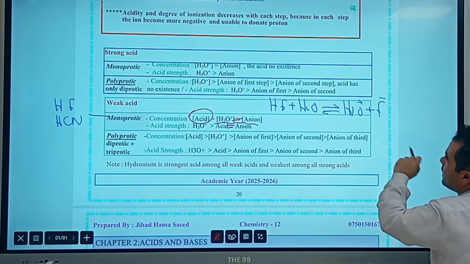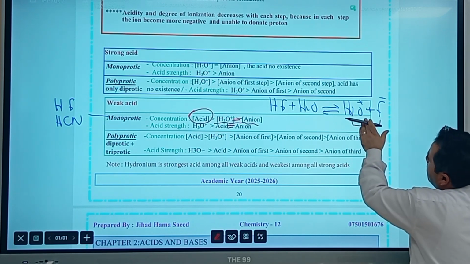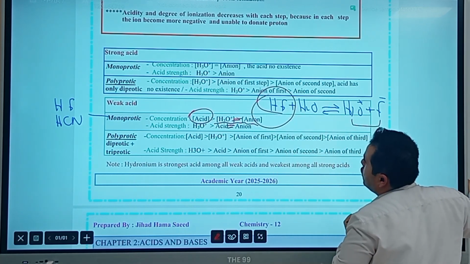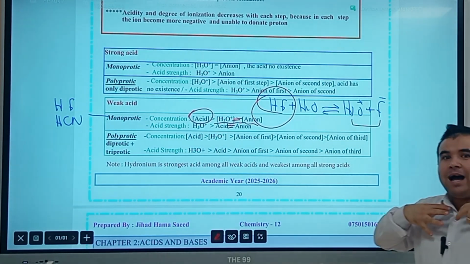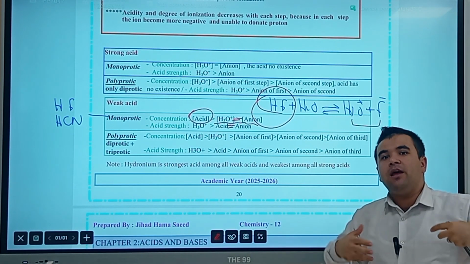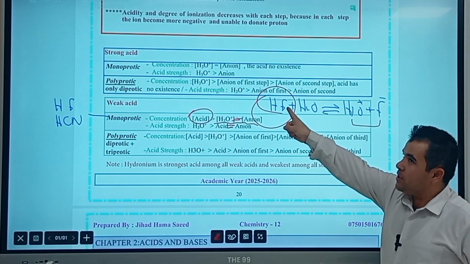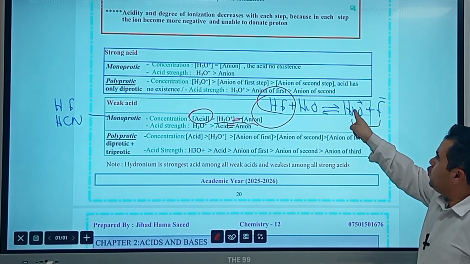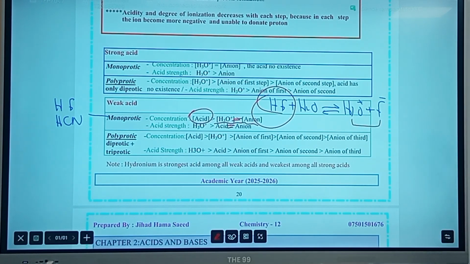Why? Because the hydronium and the anion form equally in the medium, but the concentration of HF is much higher than them. Because most of the acid molecules stay as non-ionized molecules rather than ions. So the highest concentration is HF, and then the hydronium equals the concentration of the fluoride.